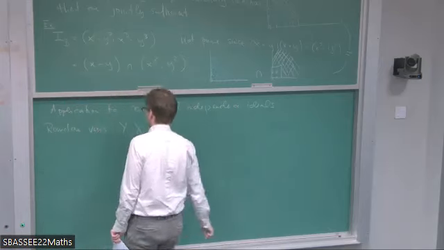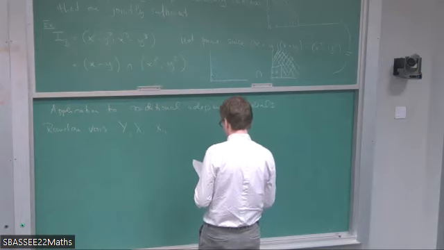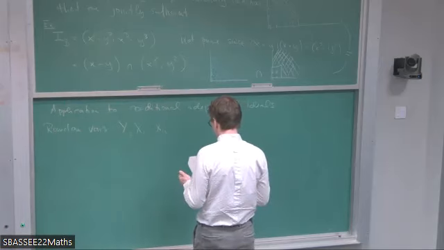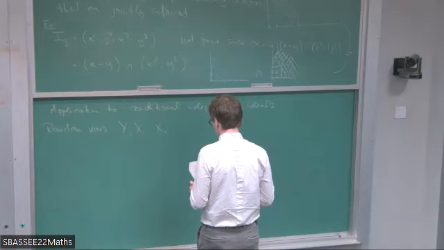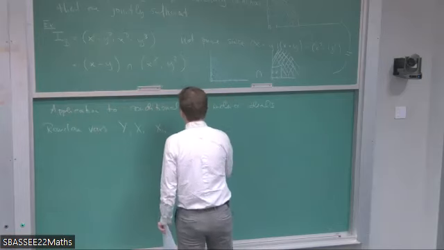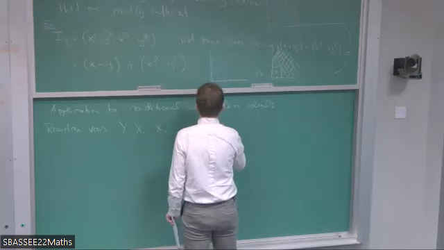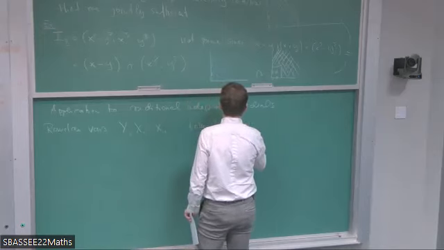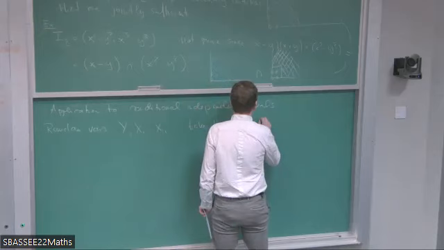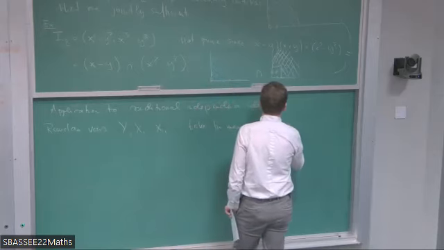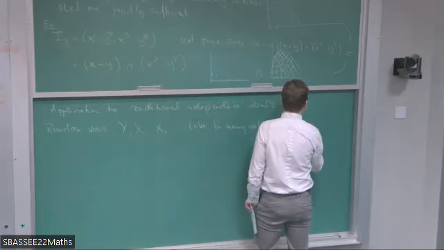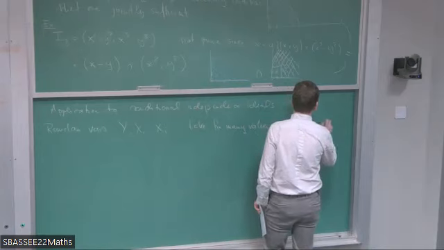So I have n plus 1 random variables, and for simplicity, they take a finite number of values. For simplicity, we can say they are binary, say in 0, 1, 2.